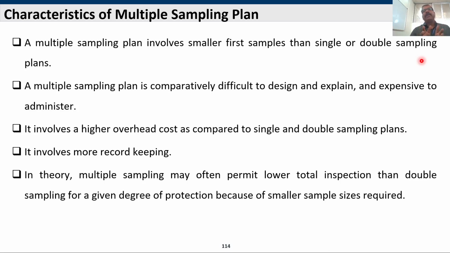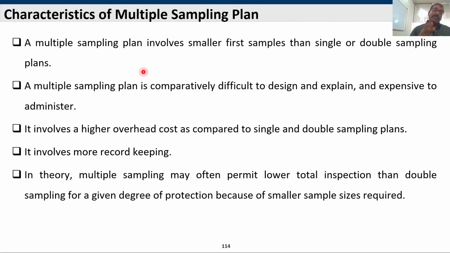For example, in a single sampling plan you take 10, or in double sampling N1 10 and N2 also 10, or 20 in total. But in multiple sampling, instead of 10, you take only 5 samples. So that is the characteristic of a multiple sampling plan.